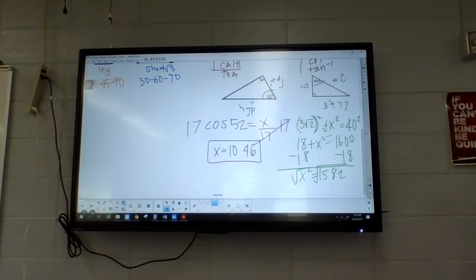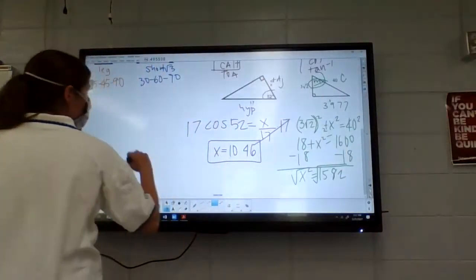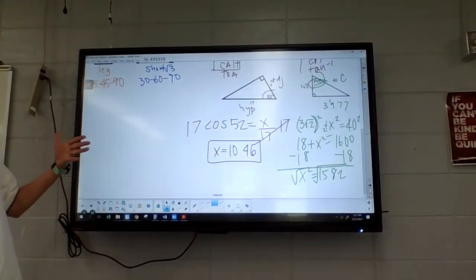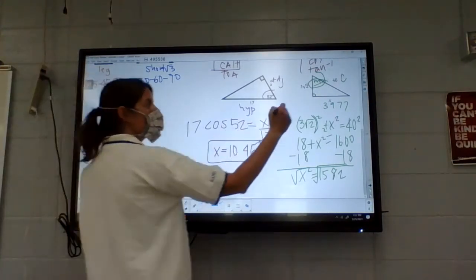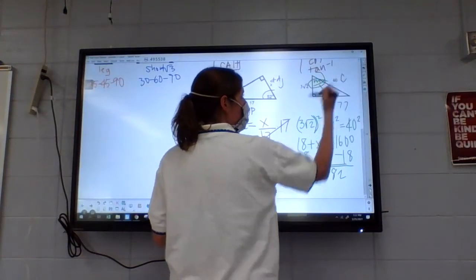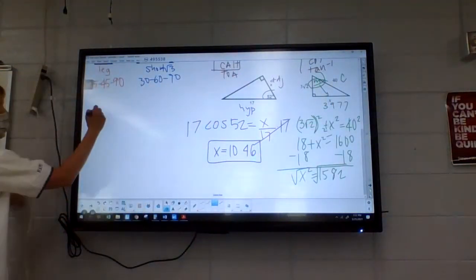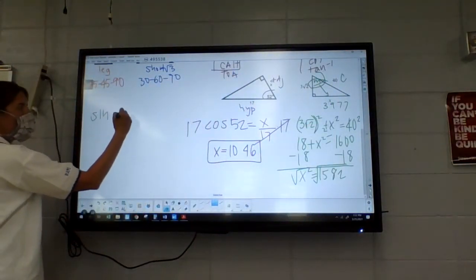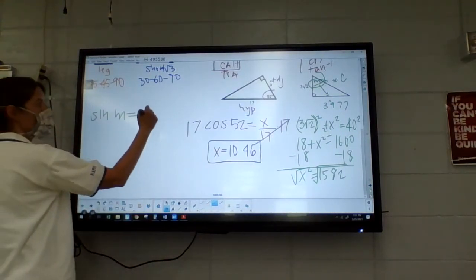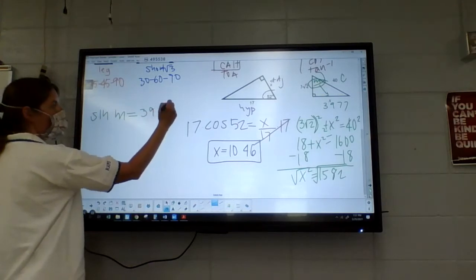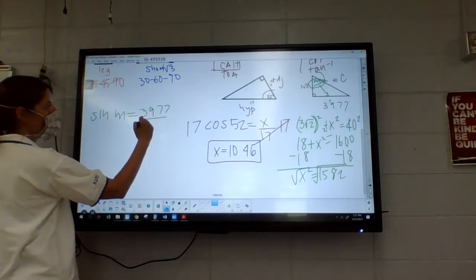Now, if I wanted to find angle M, this is where those inverse sine, cosine, tangent come into play. So if I want to find angle M, I'm going to do this over here. It's up to you which one you want to use. This is opposite, this is hypotenuse, so let's do sine. So sine of M equals opposite over hypotenuse, so that's 39.77 over 40.